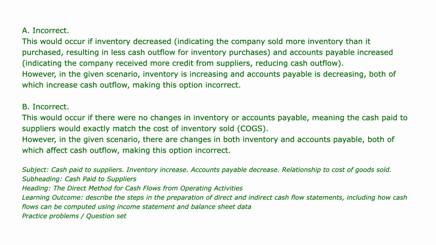A. Incorrect. Increasing inventory and decreasing accounts payable increase cash outflow, making the scenario incorrect. B. Incorrect. Changes in inventory and accounts payable affect cash outflow.